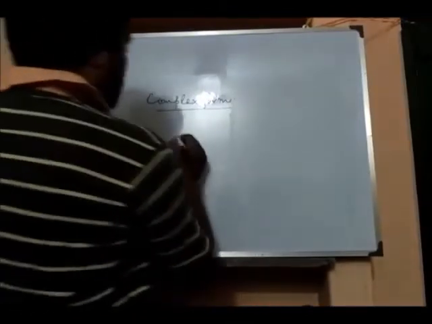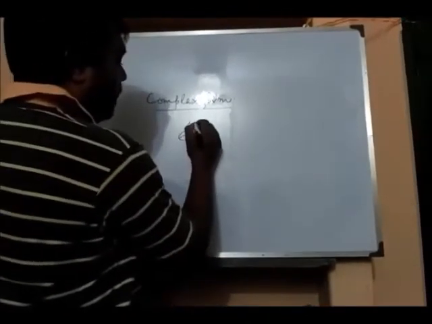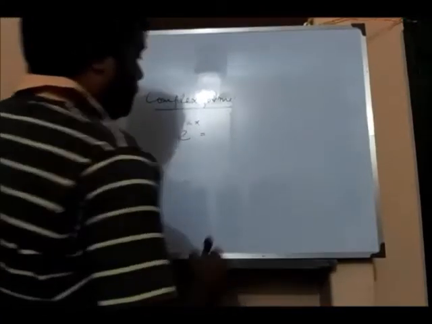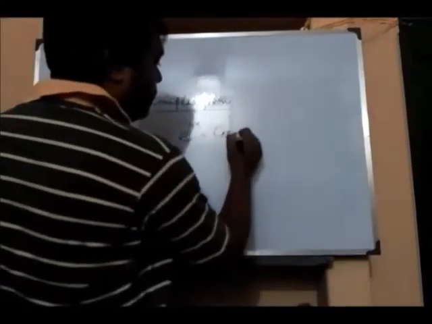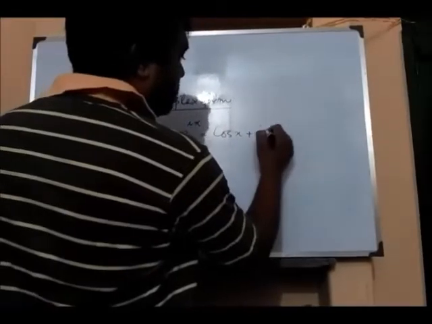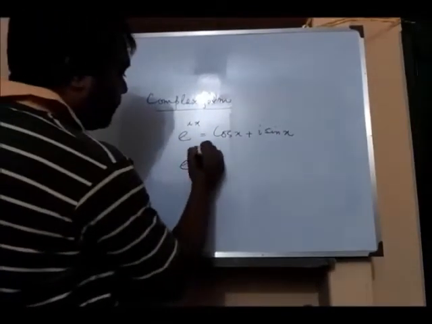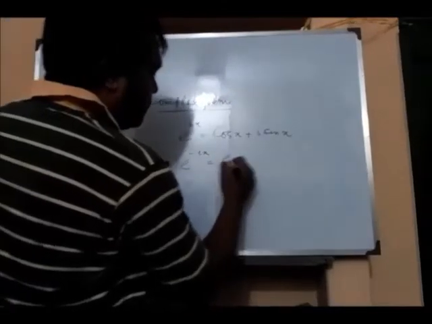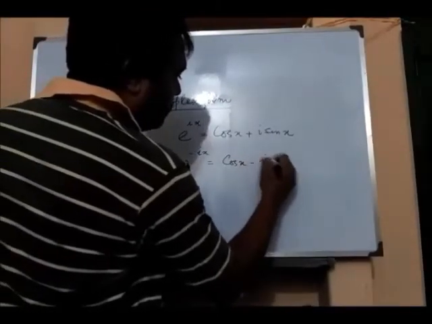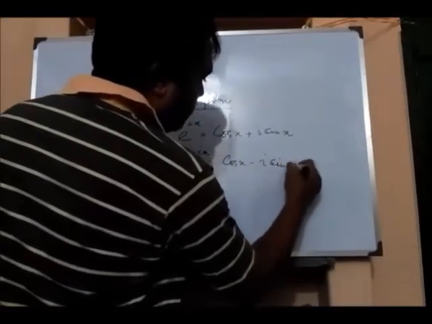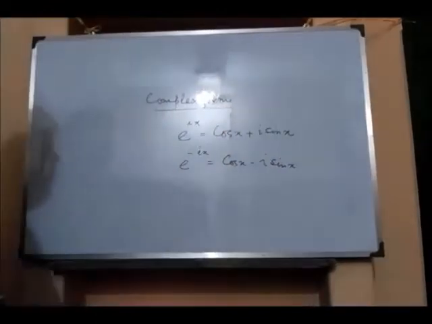Now, as you see, e to the power ix is equal to cos x plus i sin x, and e to the power minus ix is equal to cos x minus i sin x. Right?